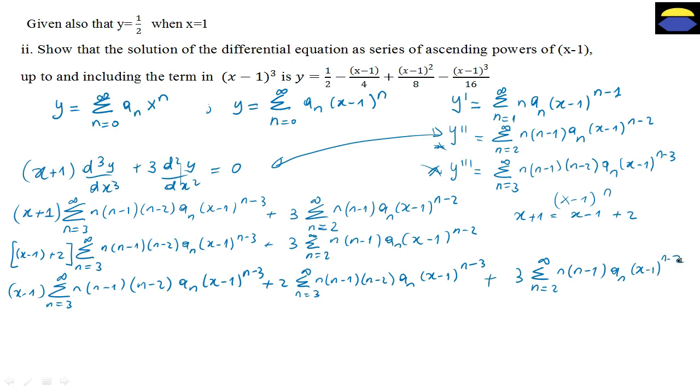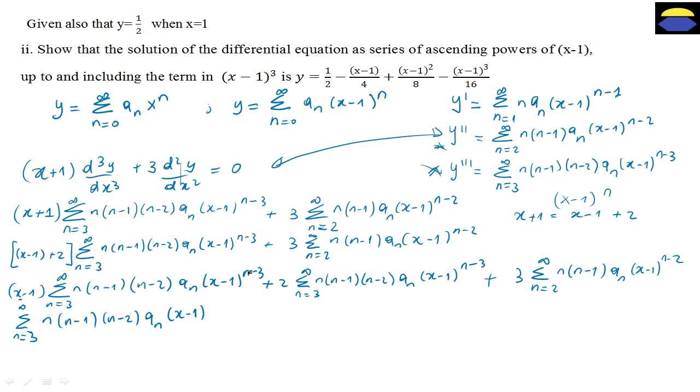Once I've done this, now I have a good deal. I can let this factor in, so this expression now becomes the sum from n equals 3 to infinity of n minus 1, n minus 2, a sub n, x minus 1 to the power what?